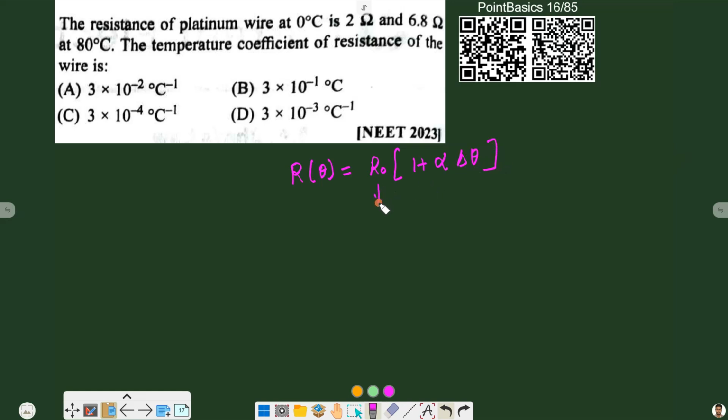Normally this R naught is measured at 0 degree Celsius; that's the normal practice.